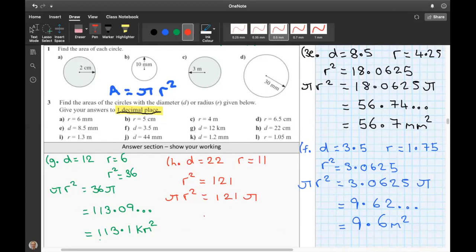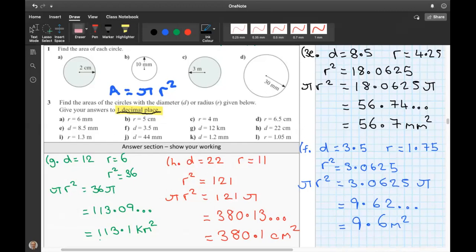We now need to work out its numerical value. So press the SD button on your calculator, and we get 380.13... Round that to 1 decimal place, and it's going to be 380.1, and it's centimeters squared. So those were questions 3E to 3H.